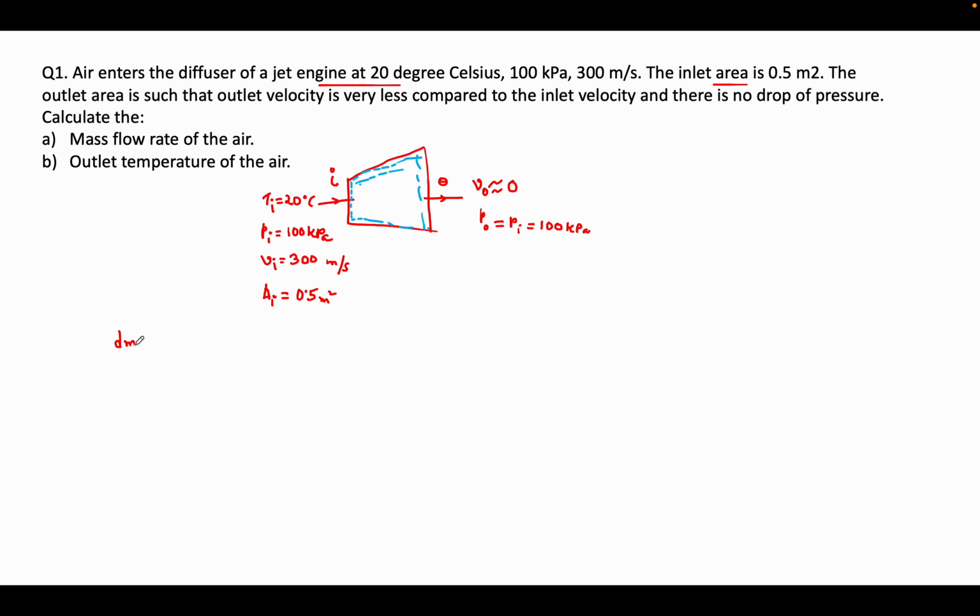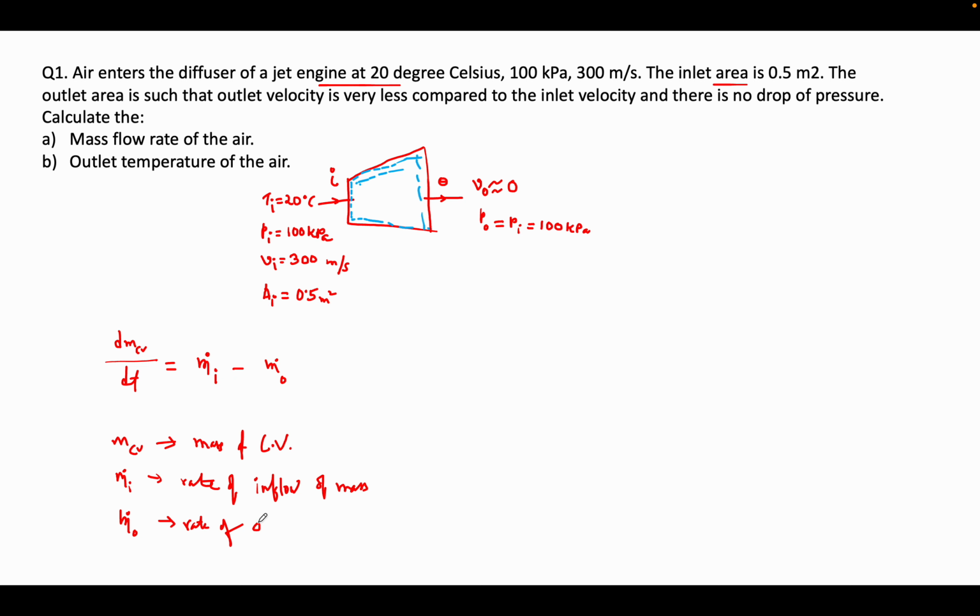the rate of change of the mass of the control volume will be equal to mi dot minus mo dot, where mcv is the mass of the control volume, mi dot is the rate of inflow of mass, and mo dot is the rate of outflow of mass.